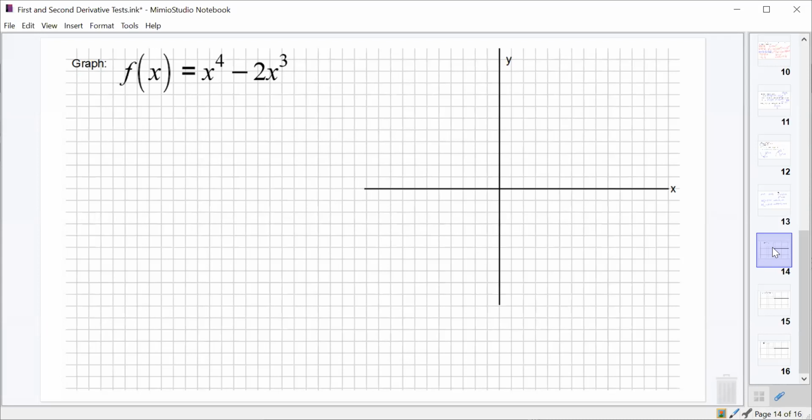Find local maximum and minimum. All right, local maxima and minima is one good thing. What's something we can do before we take a derivative? On the domain? Okay, domain, which we should see since this is a polynomial, the domain should be all real numbers. What else can we do without taking a derivative?